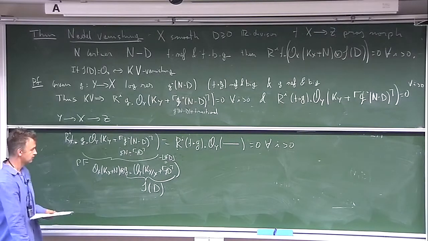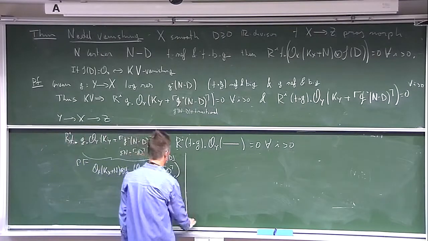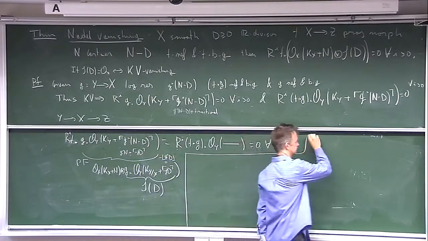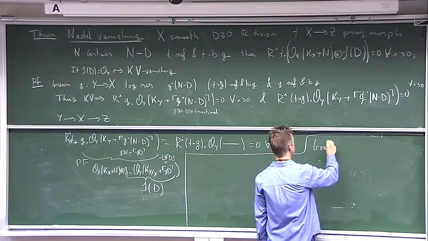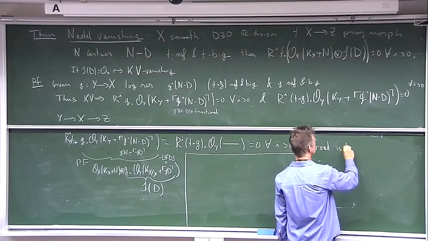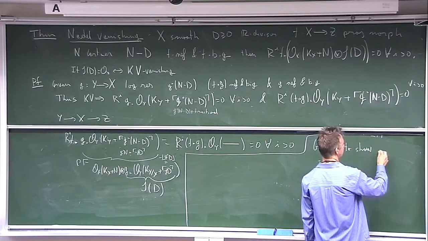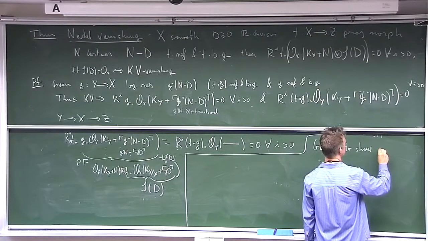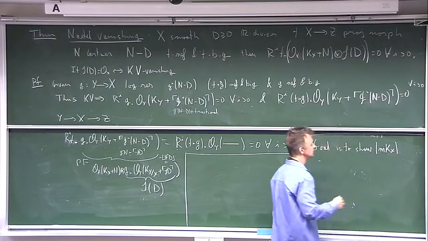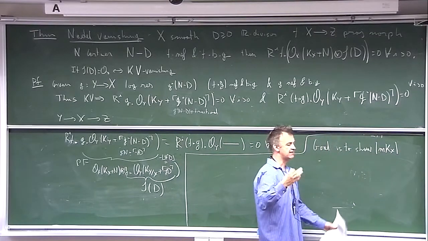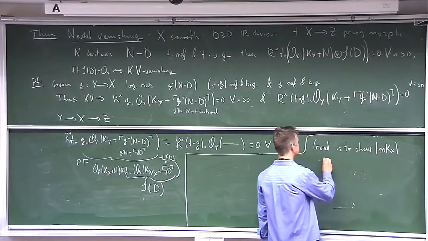Okay, why is Nadel vanishing so useful? So the typical goal in algebraic geometry is to show that some divisor, say mK_X, say if K_X were nef and big or something, under some assumption, you want to show that some linear series is base point free.